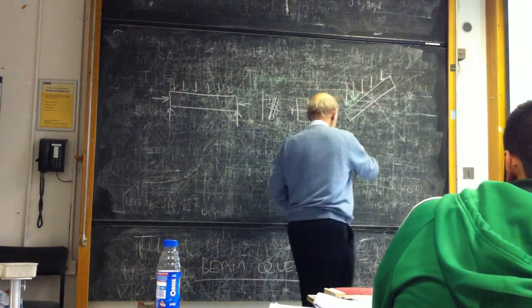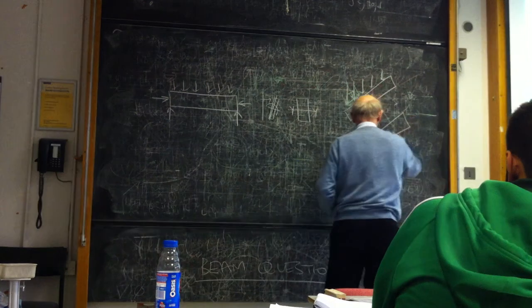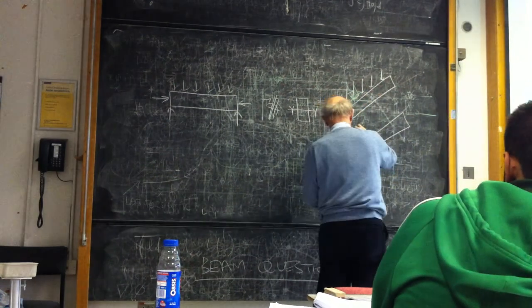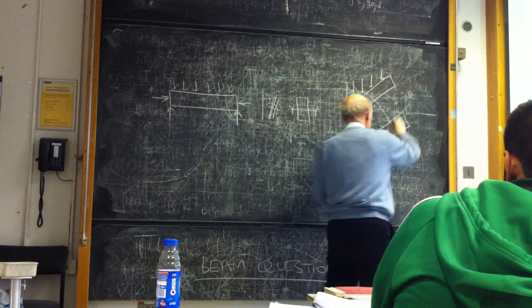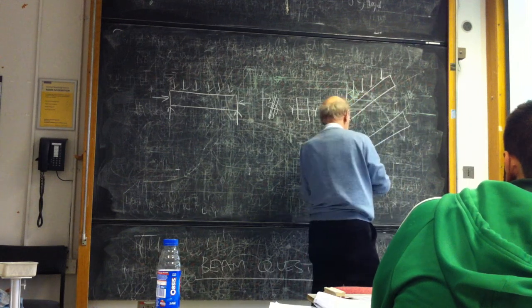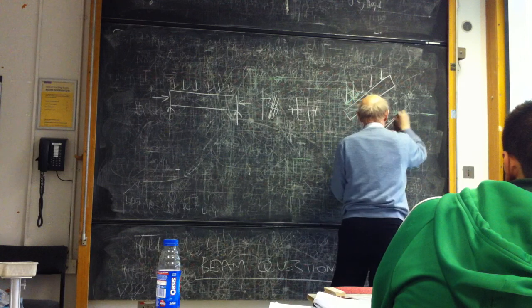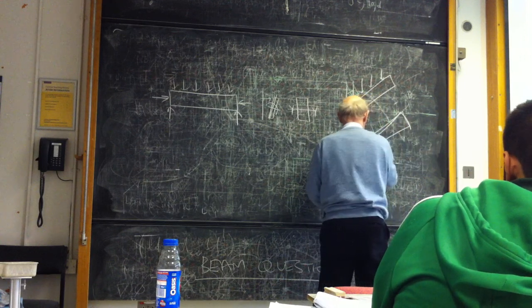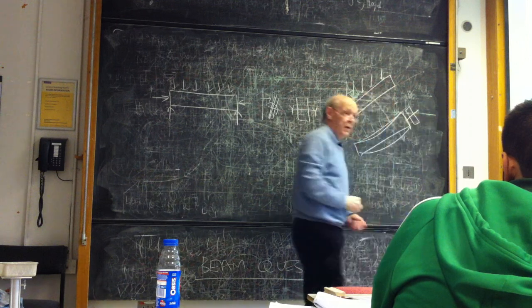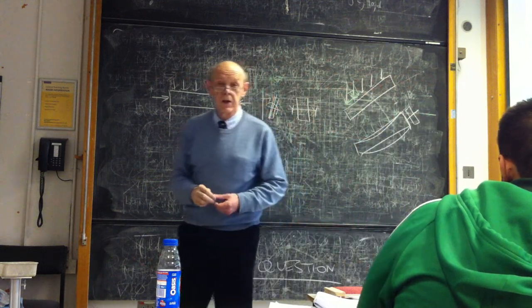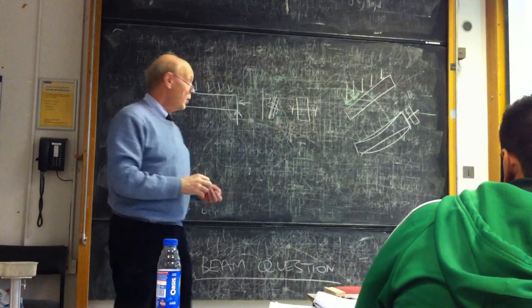So if I separate out these two, I'm going to have a series of loads like that, which are obviously going to cause bending about that axis, with the possibility then that I might have lateral torsional buckling problems.